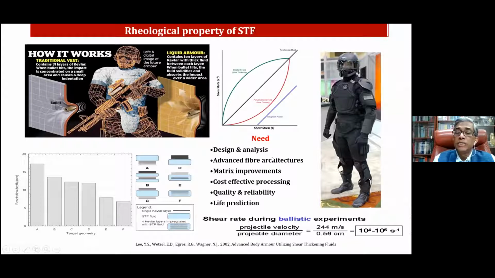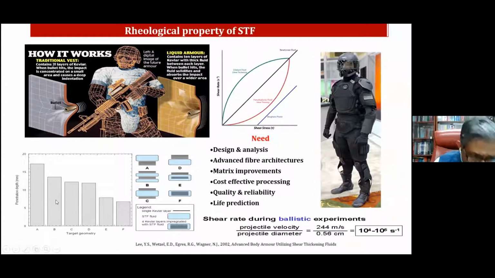We needed to design, do advanced fiber architecture, matrix improvement, processing, quality, and lifetime. If you develop this kind of nano composite and test it, we measure by bullet what the penetration of the bullet through this is.